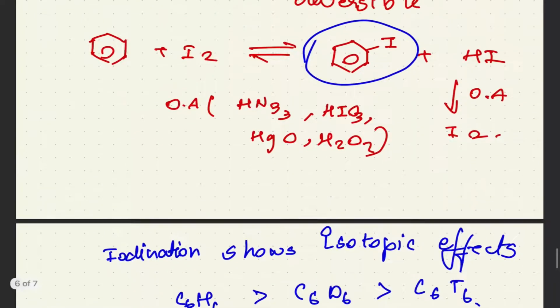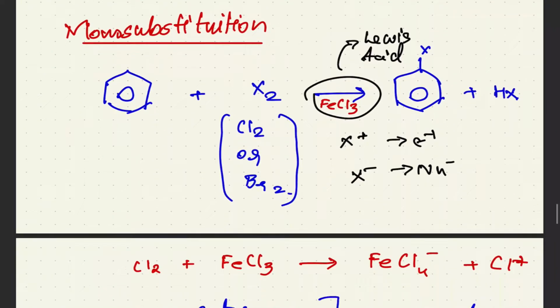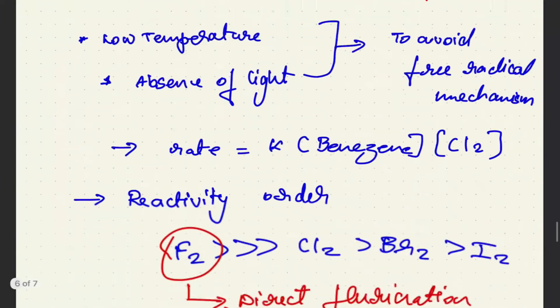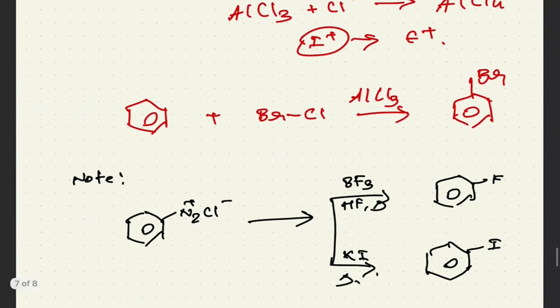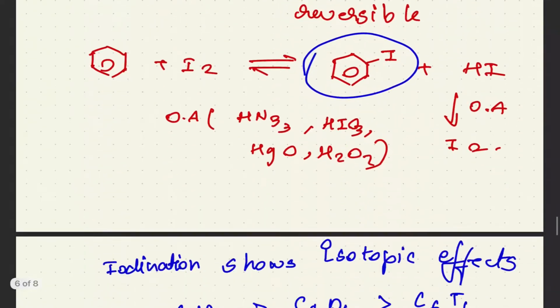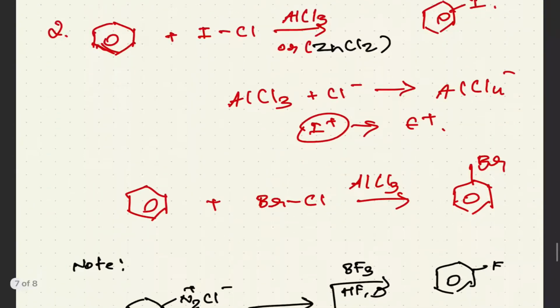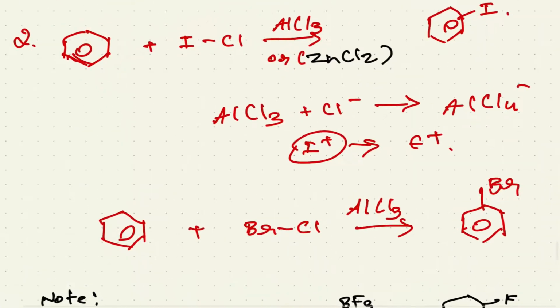So we spoke about the halogenation of aromatic compounds. Now let me talk about nitration as well. I also told you that the important point is that the electrophile is going to be X plus, and sometimes you might be given questions in which you are supposed to find the electrophile in these types of reactions.